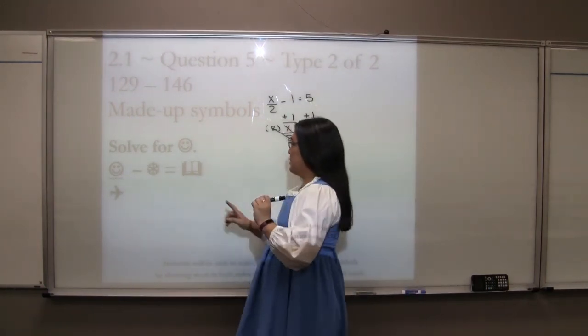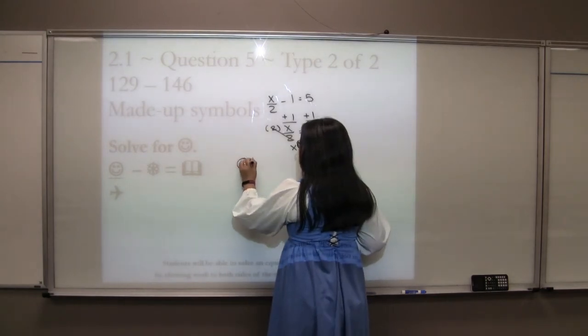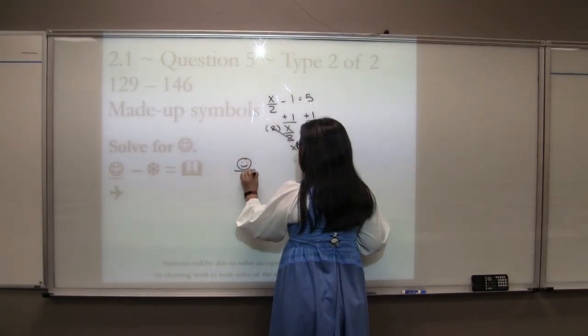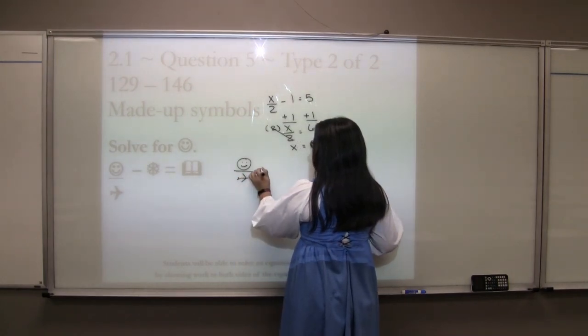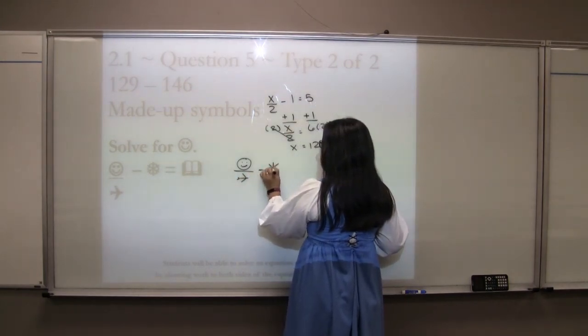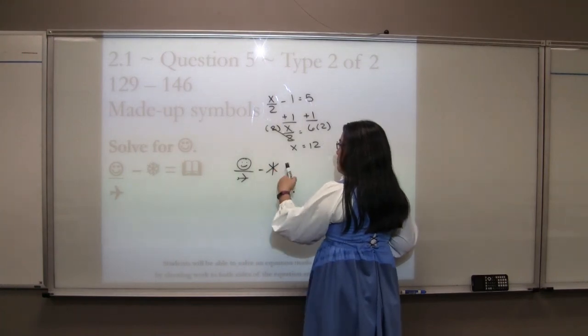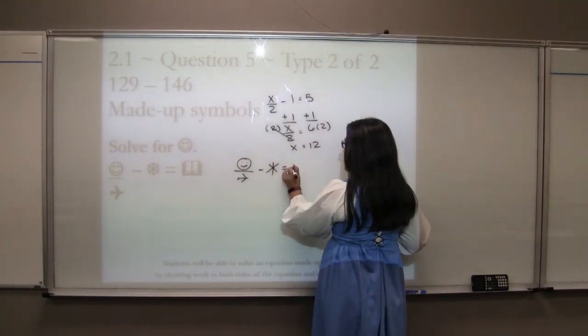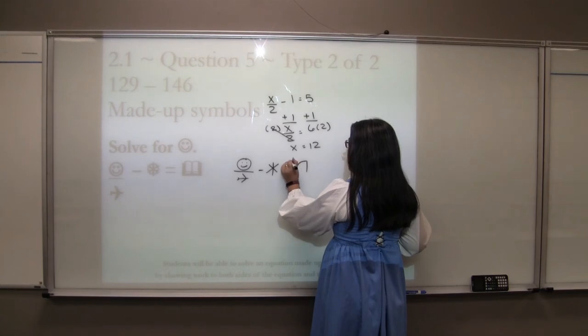So if we were to do that with this, I have happy face divided by airplane minus snowflake. By the way, snowflakes have 6 points on them, is equal to book.